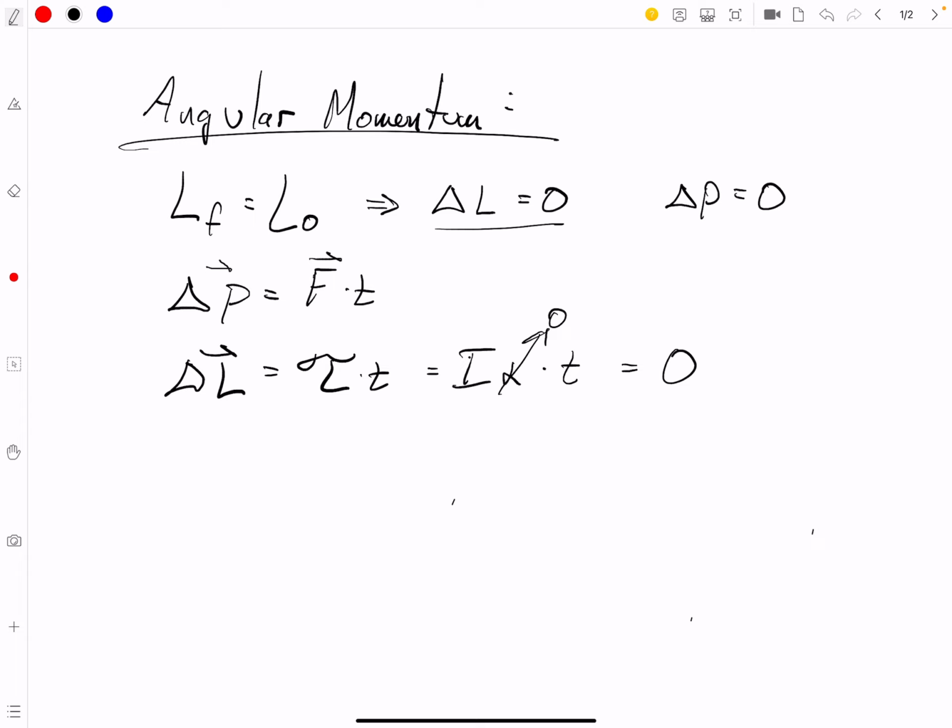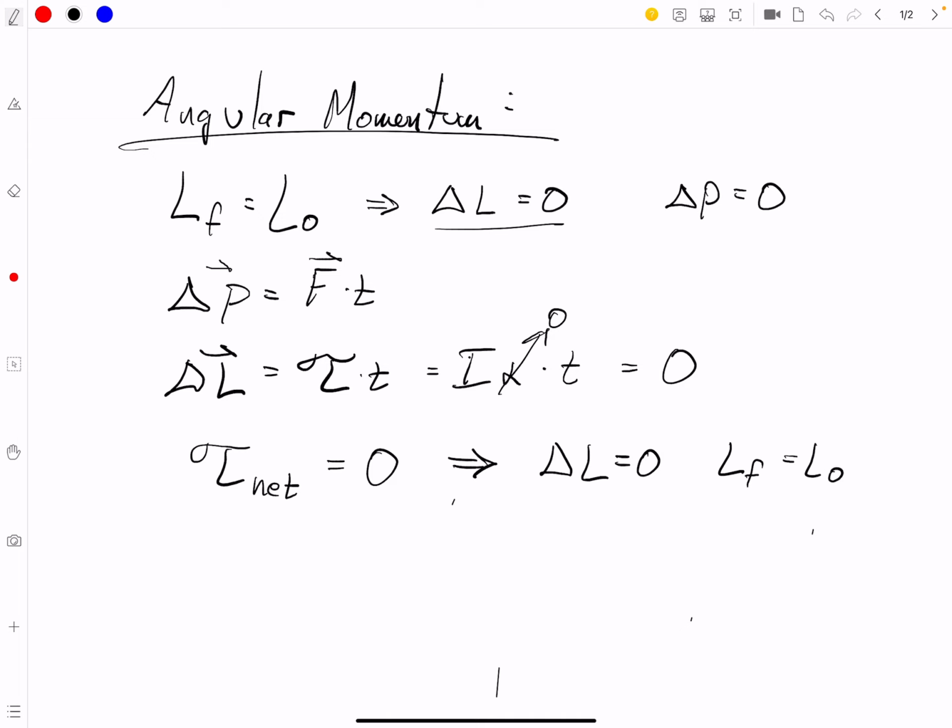So if there is no external torque, then we get a conservation: delta L equals 0, which means that the final is equal to the initial.